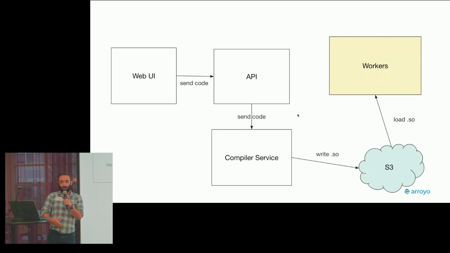And then it compiles that as a C DYLib, either a .so on Linux or a DYLib on Mac. And then it writes that to some storage. Typically that's S3, but in this case, just my local file system. And then when the workers run, actually executing that query, they're going to download that .so file and load it and call it when that UDF appears in the query.